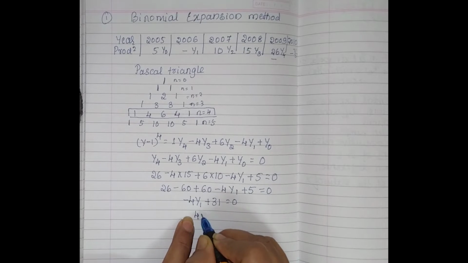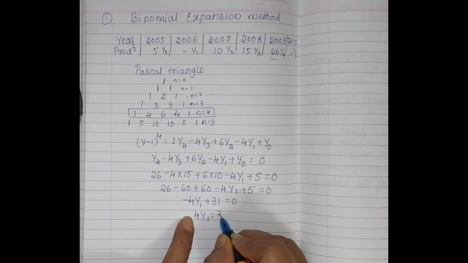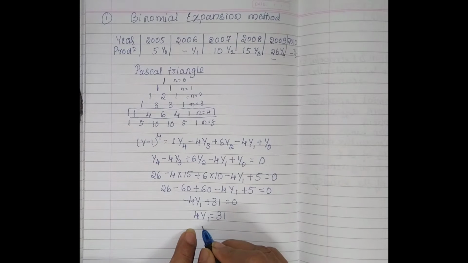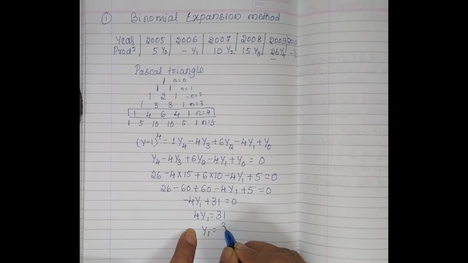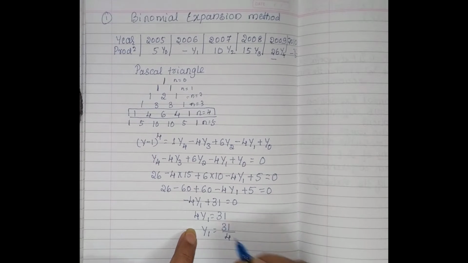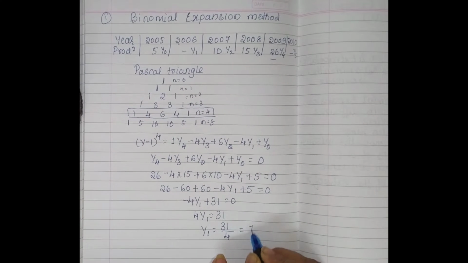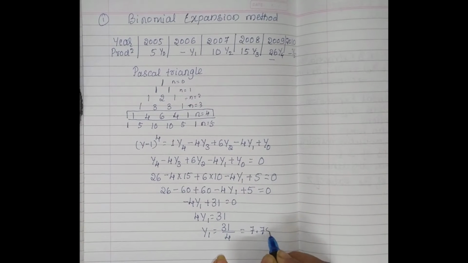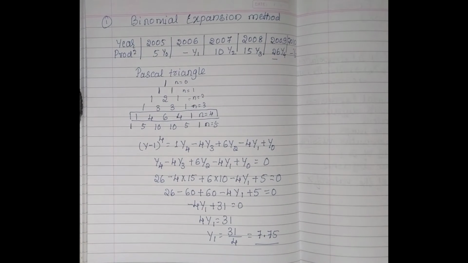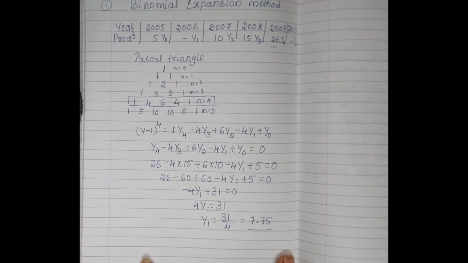Then 4y1 is equal to 31, so y1 is equal to 31 divided by 4, that is 7.75. 7.75 is the y1 answer.